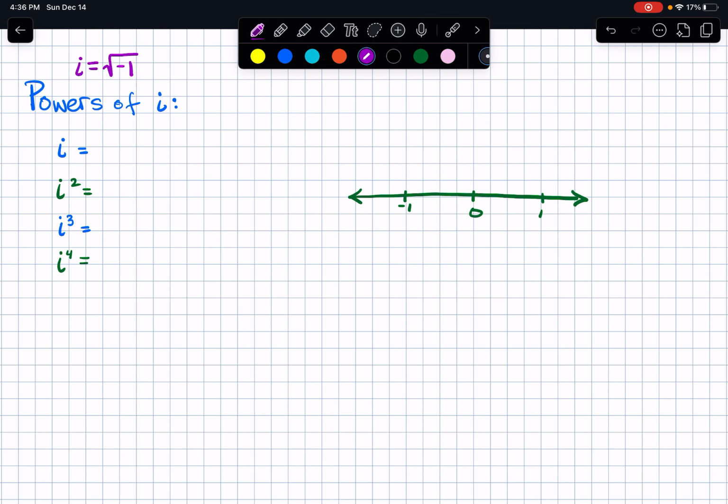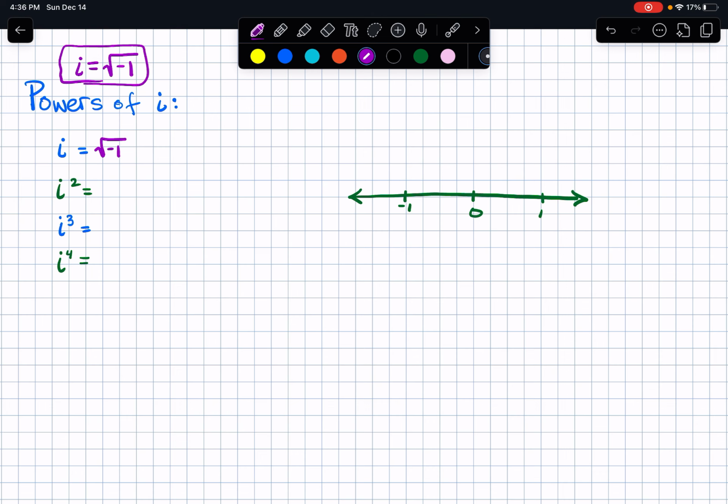We know that i, the imaginary number, is the square root of -1. So if that is true, if i is the square root of -1, then we can see some interesting things that happen if we raise i to various powers.